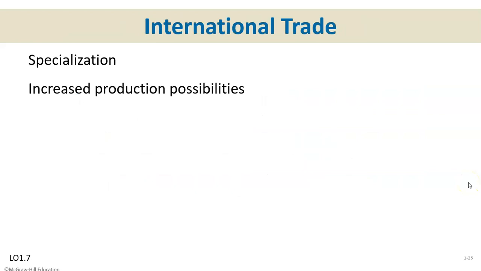The last thing to know about the production possibility curve is how international trade can affect the production possibility curve. We will actually look at this in depth when we get to chapter 26. So the first thing to know about international trade is what we're going to do as a society.